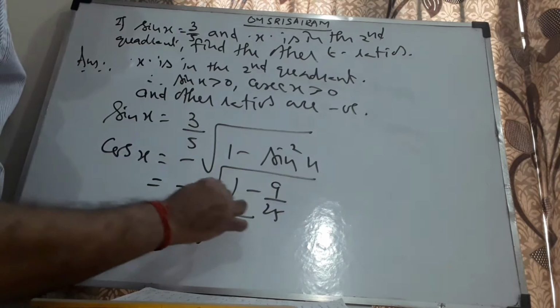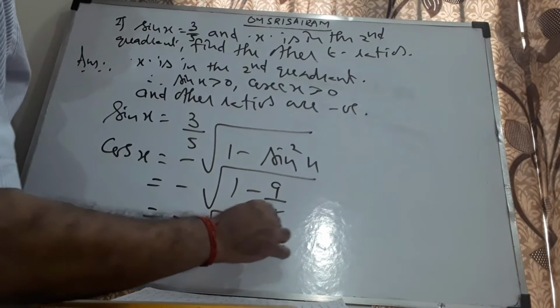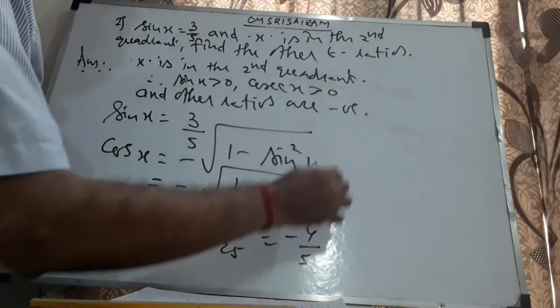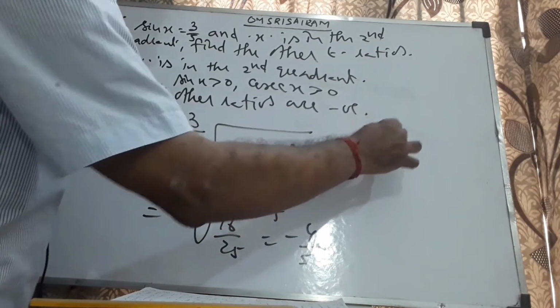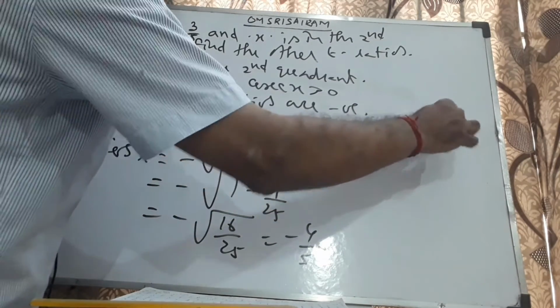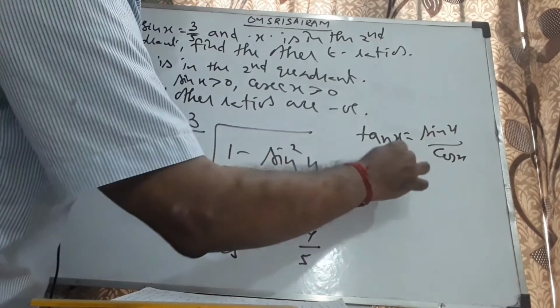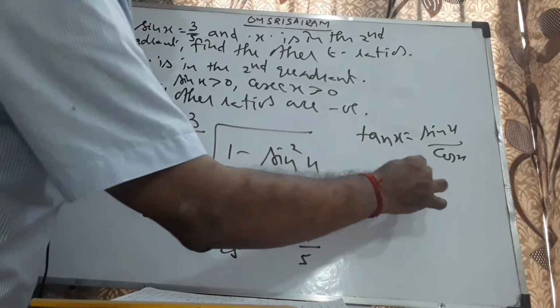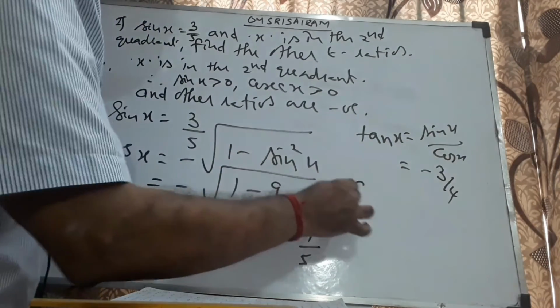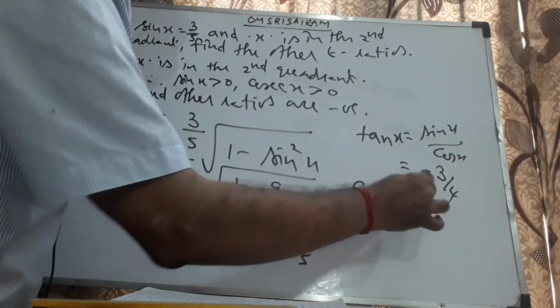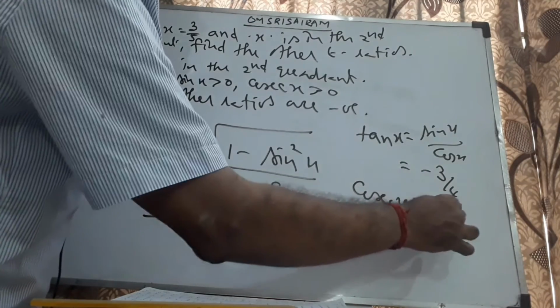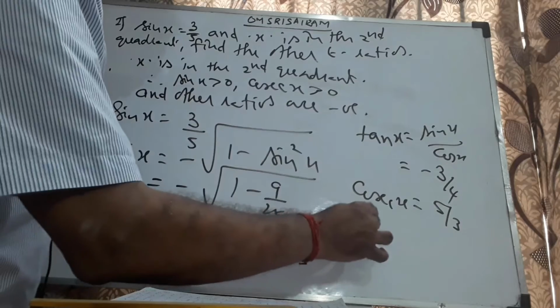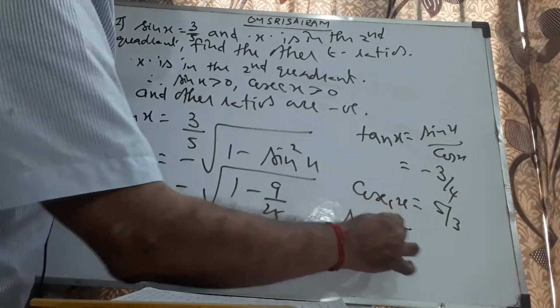Therefore, this is minus root of 16 by 25, which is minus 4 by 5. Now, automatically tan x becomes sin x by cos x. Therefore, here I automatically end up with minus 3 by 4. And cosecant x will be reciprocal of sin x, which will be 5 by 3. And secant x will be reciprocal of cos x.